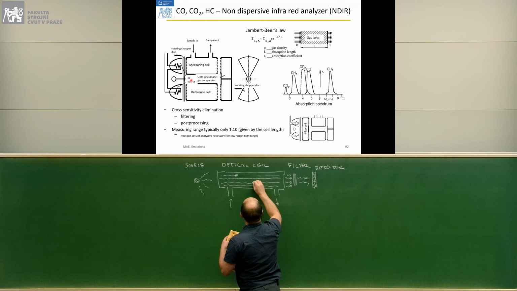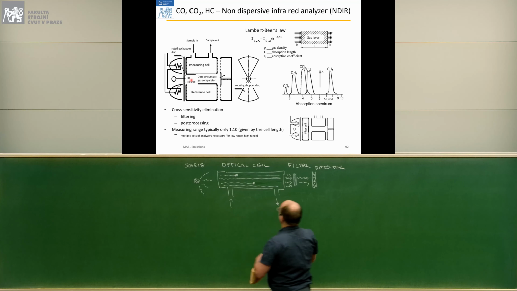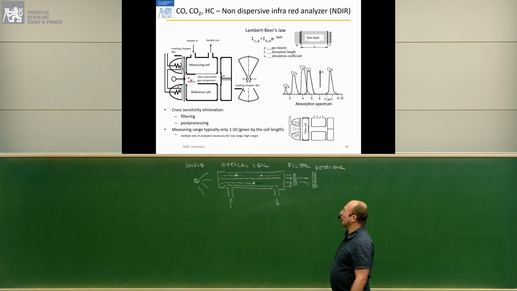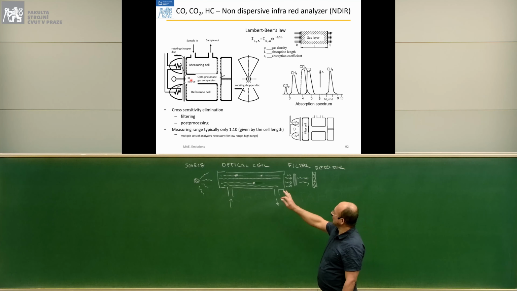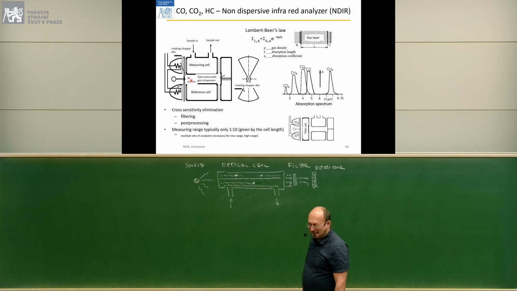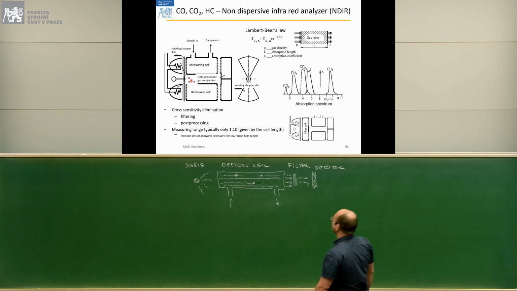Then another molecule absorbs light. Now, what happens if there is a molecule here? Well, it's undetected because this light is already being absorbed. So just from looking at it, we have some non-linear mathematics behind this.